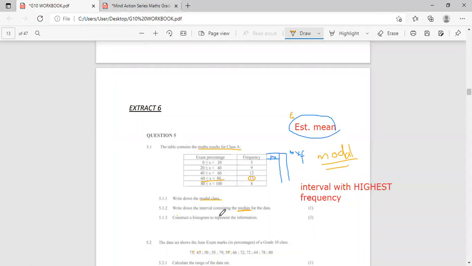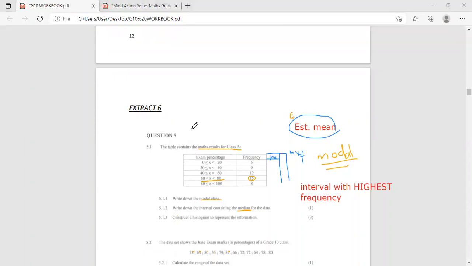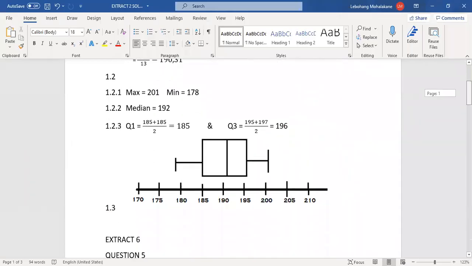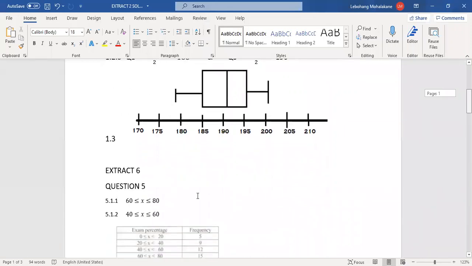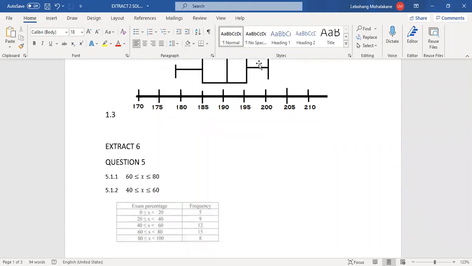So let me go to the answers. Here is the solution. This is how I got the modal class. As you can see, 15 is between this interval. The question wanted the interval, so I give them the interval, and I get my mark.